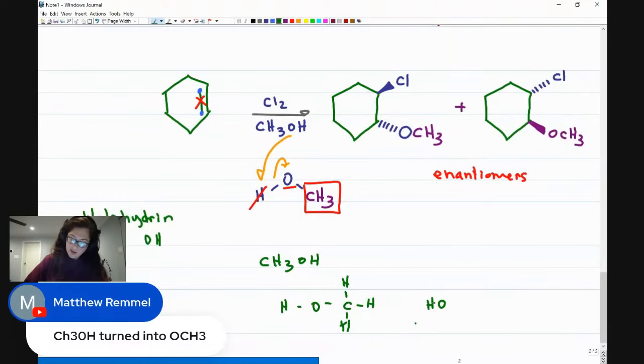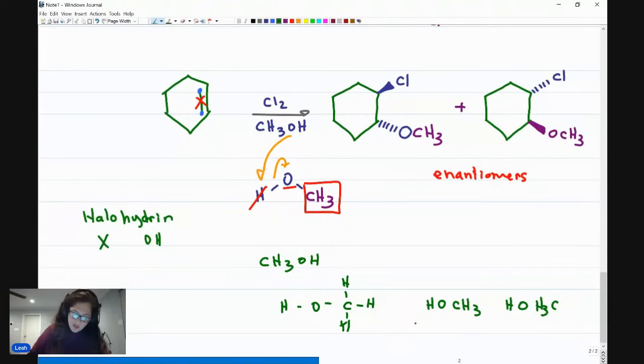I can write this as HOCH3, or I can write it as HOH3C, because technically it's H3 and then the C. Now it looks a little bit weird, but if it's drawn on something, it's not uncommon to see it drawn as the H3C. We're spinning things around, but it's the same thing. Really good question.